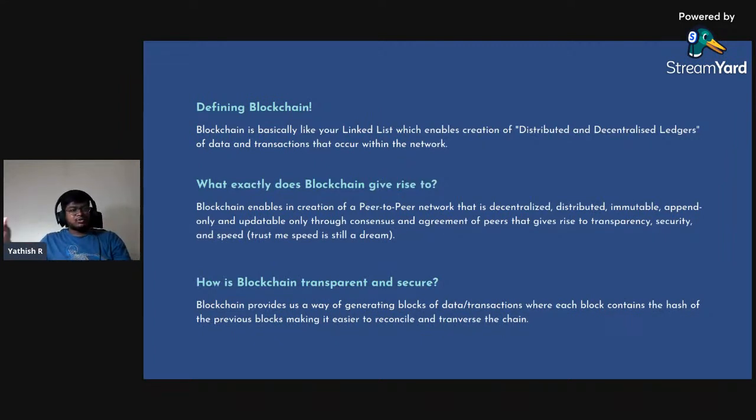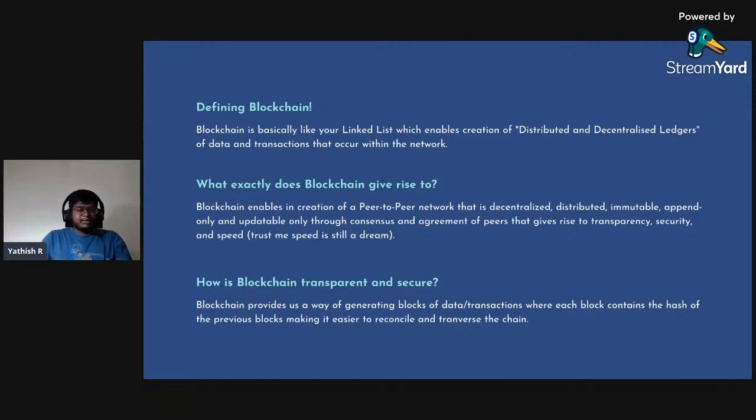So if one system goes down, it does not mean all the other systems will also go down; the system will still survive. This is what makes blockchain a lot better than the centralized databases or decentralized data stores that are available at this point of time. So the next question would be, what exactly does blockchain give rise to?